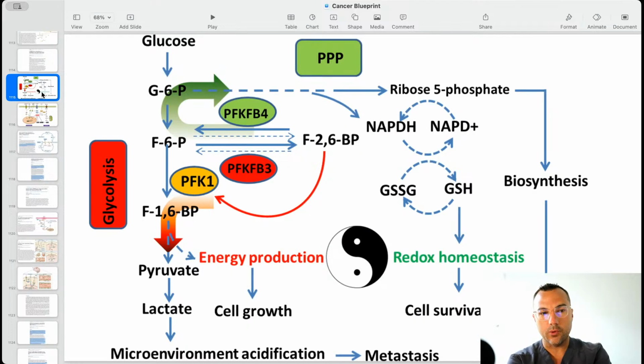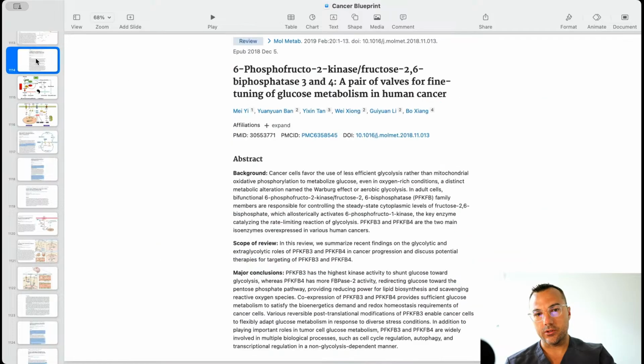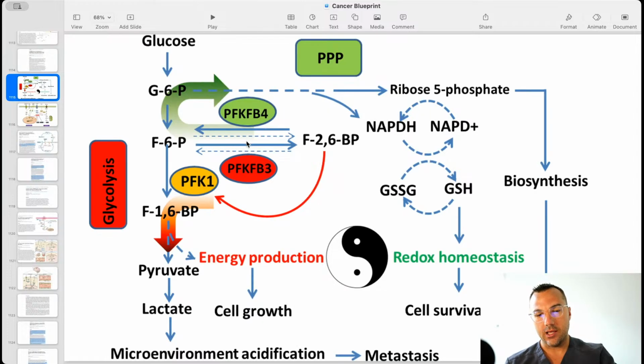I think this is probably one of the better graphics here, looking at how PFK 3 and 4 will, as this paper was titled, fine tune the glycolysis for cancer. If the cancer cell needs a very specific amount of energy for growth and metabolism, then it will turn up the PFK enzyme.